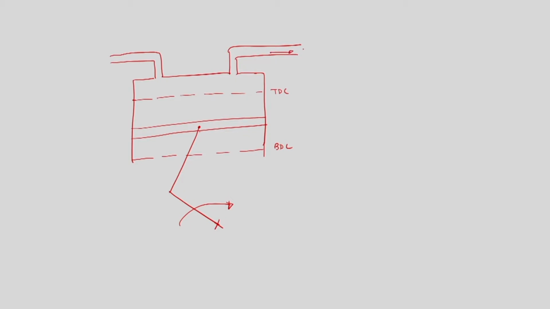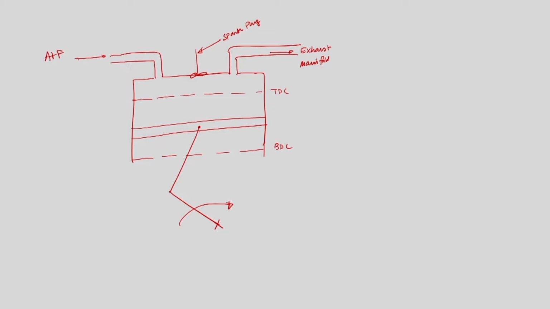This is the exhaust manifold, and this is air plus fuel, the air-fuel mixture coming from the carburetor, and there will be a spark plug. So this is essentially an SI engine.